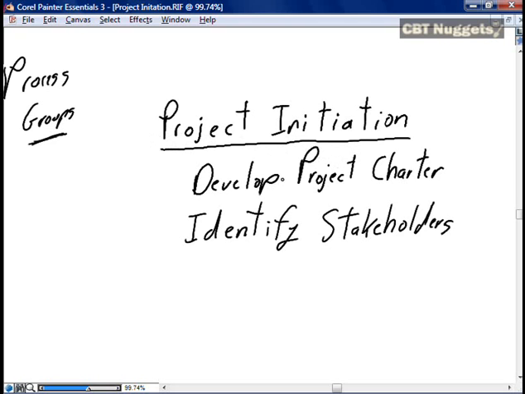So if we were in a construction project, as we move from design into the build, we would go through project initiation. As we go from build into acceptance, we would go through another project initiation. And similar with the other process groups, planning is a continuous process.